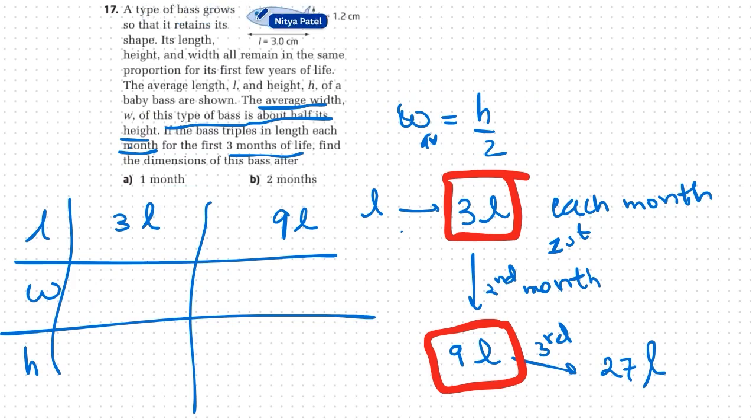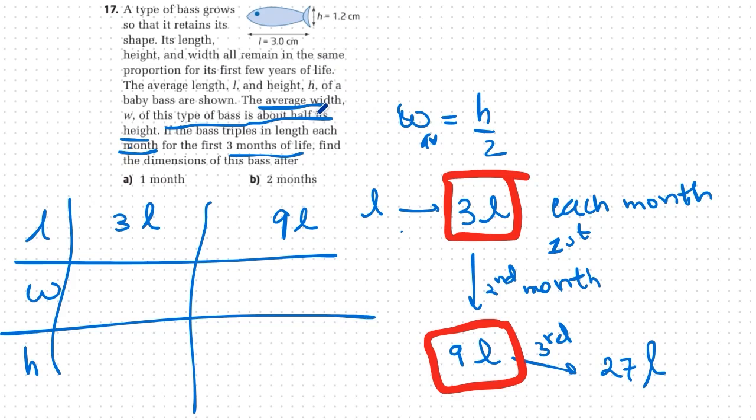So basically, the diagram is shown for the first month. Since the length is also the same, the height might be the same as well. So height also grows in proportion. Any doubt?